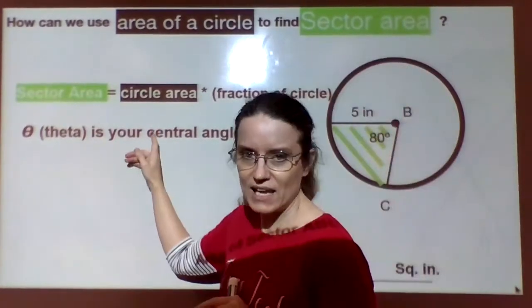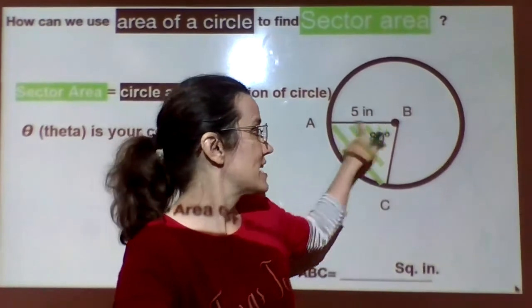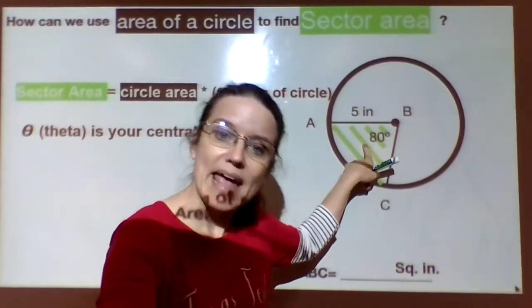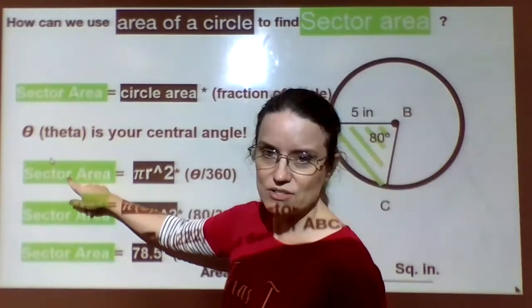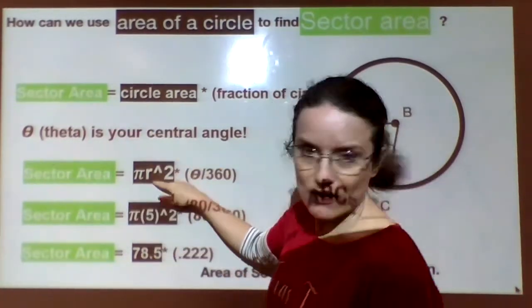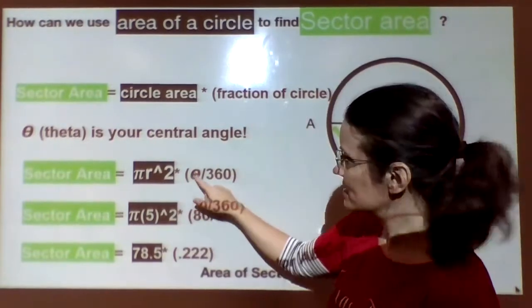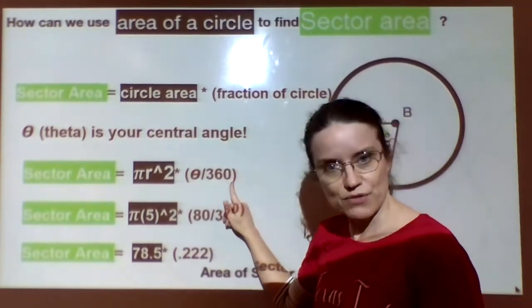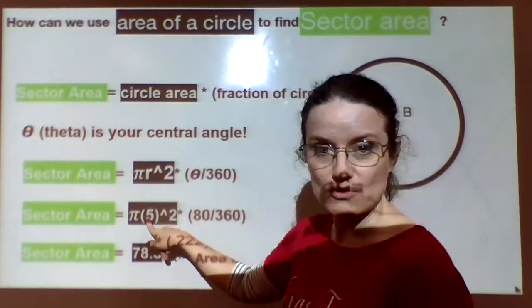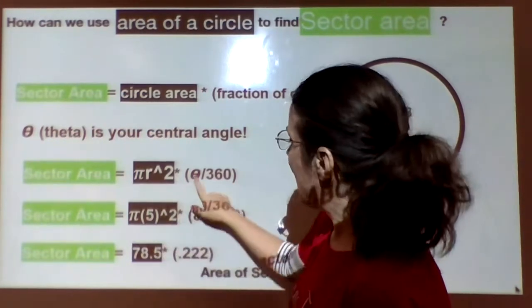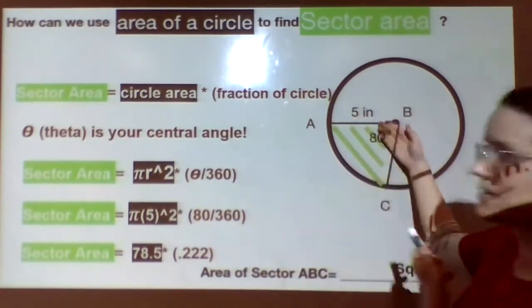Once again, theta is my symbol for an angle. We're going to just use it again. In this case, my central angle theta is 80 degrees. So my sector area is going to equal the area of a circle, pi r squared, times my fraction, which is going to be that theta out of 360 degrees. My radius is 5, so I drop 5 into my formula, and my central angle is 80 degrees, because that's what the picture says.